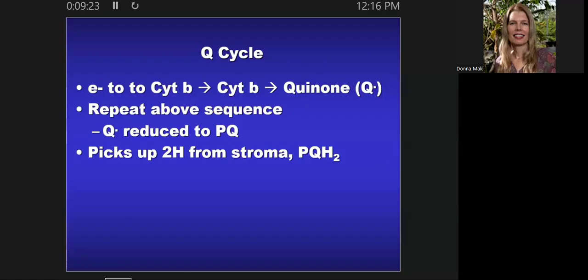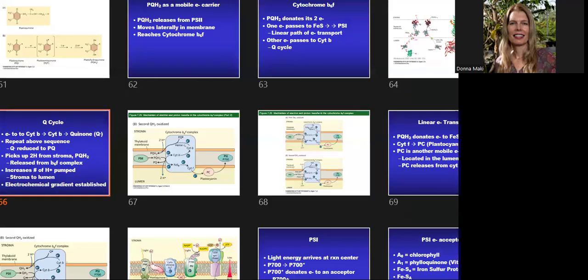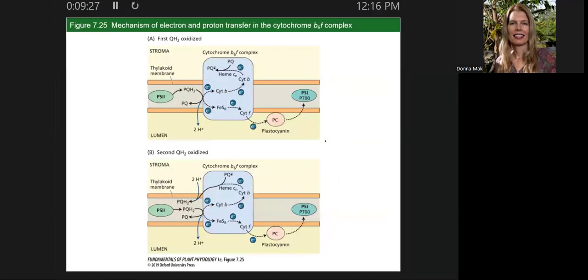So then if you look at the Q cycle in completion, where did it go? Here's the first and second round of it. So here's the first PQ coming along, getting that plastoquinone in the cytochrome B6F semi-reduced. Then everything repeats back to photosystem 2, and you get that second plastoquinone coming along and donating another electron into the Q cycle. And then you can see where the free protons are disappearing from the stroma.